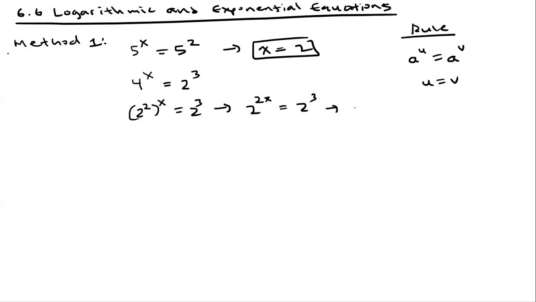And so that becomes 2x equals 3, divided by 2, so x gives us 3 halves. So that was method one. If we can change the bases so that they're equal to each other, then we can apply this rule.